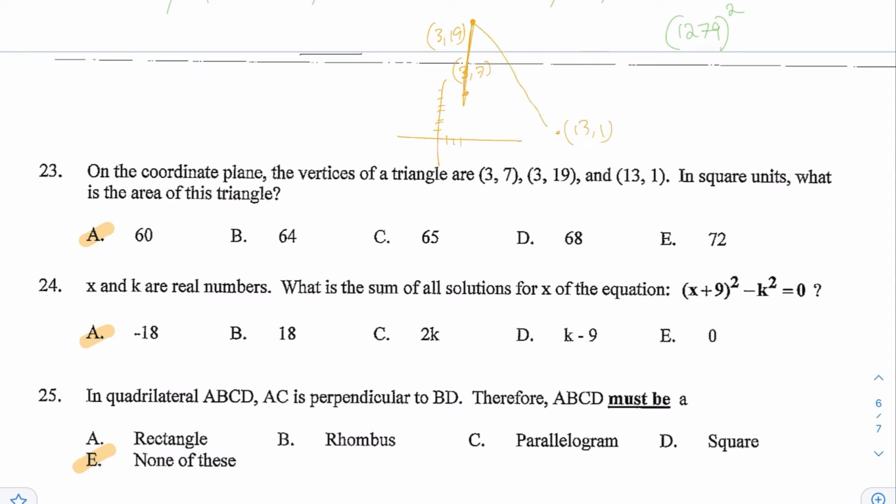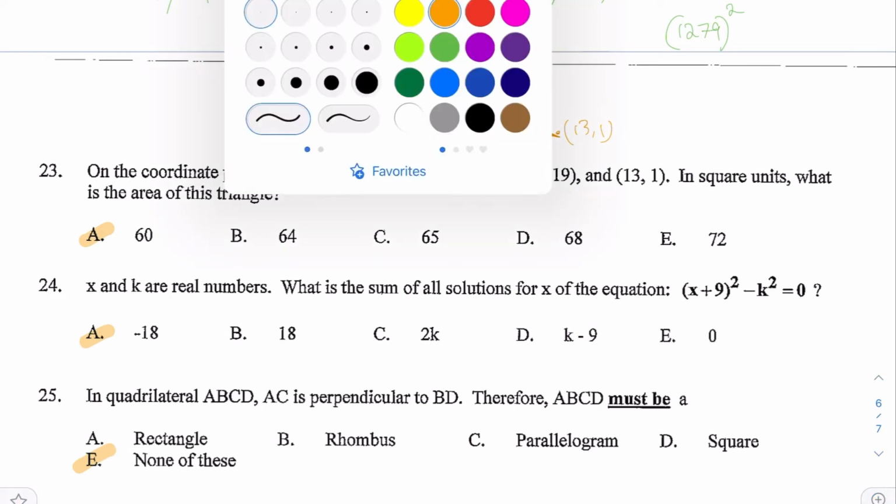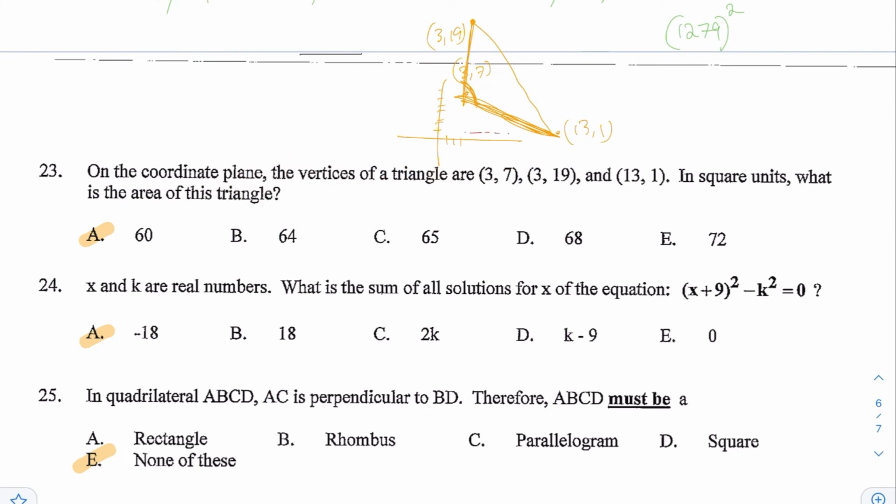So this triangle will be an obtuse triangle. When you have an obtuse triangle like this, you have to draw the external height, because the base and the height must be perpendicular. So the base will be from (3, 19) to (3, 7). And that's going to be a base of 12.